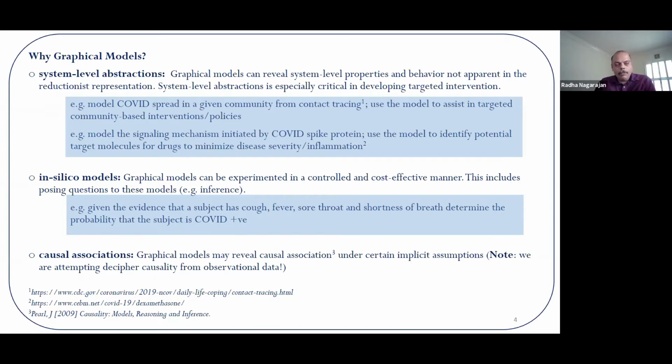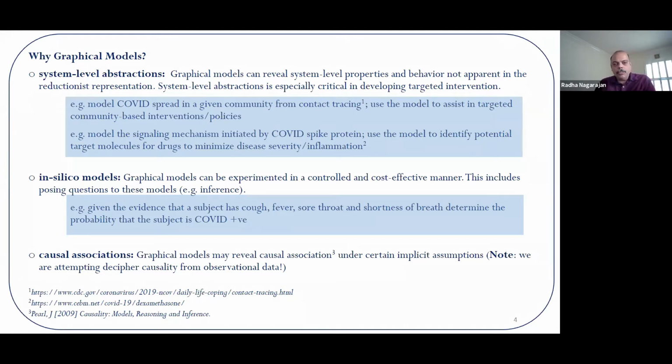Also, these models can have the capacity to serve as in silico models that can be controlled and experimented in a cost-effective manner. So this includes posing questions to these models that fall under inference. So given the evidence of partial information, can we make a statement on the probability of outcomes?